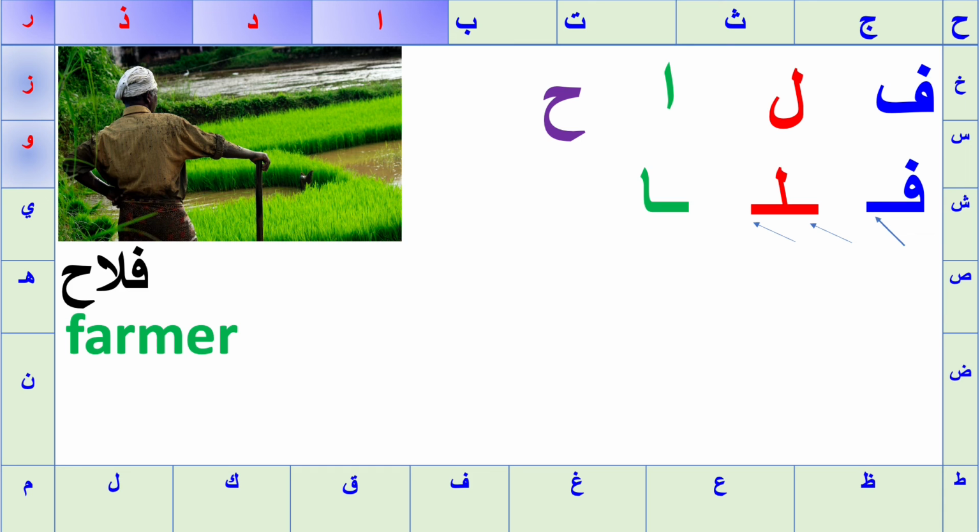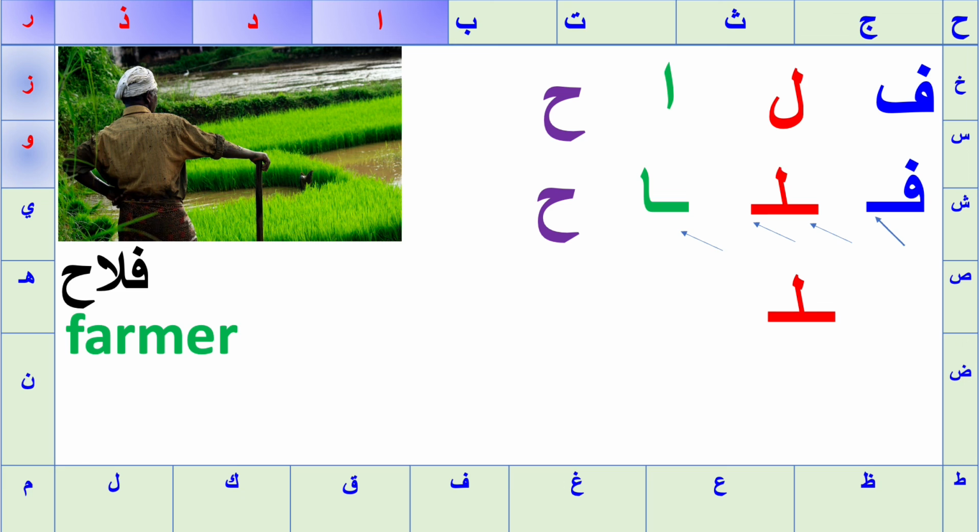And because al-ha is preceded by alif, it cannot connect with the alif, because al-alif will only accept connection with a letter to the right hand side. That's why al-ha will be in isolation, alone at the end of the word fallah.